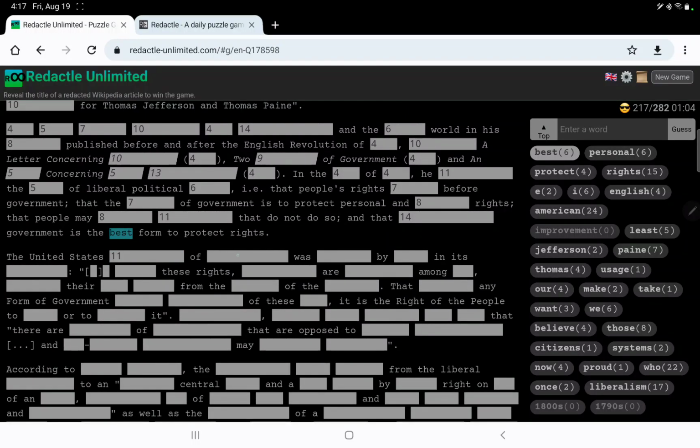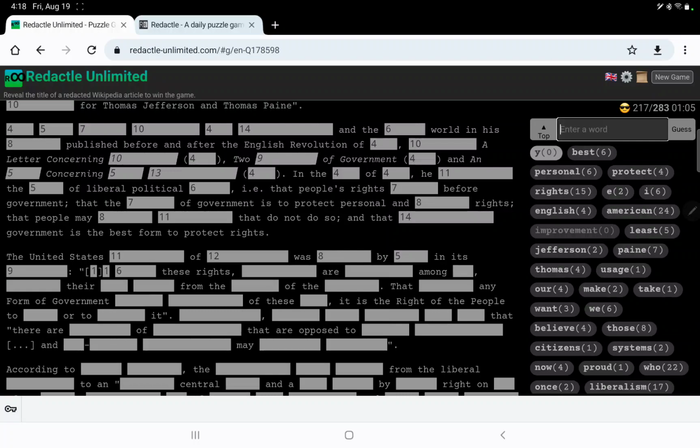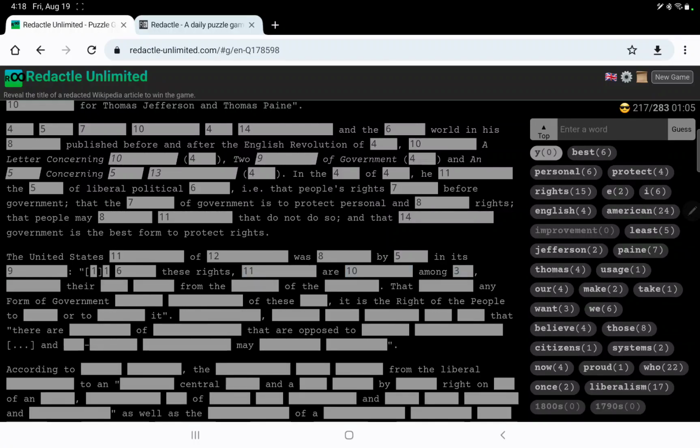The United States, 11 of 12. Was 8 by 5 in its 9. Okay, so that's by something these rights. So a B, no, and a Y, no. 11 or 10 among 3.